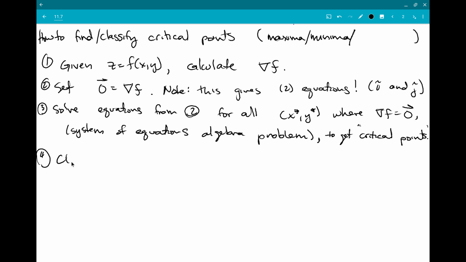And then after that, you're going to classify. You're going to compute the discriminant D equal to f sub xx times f sub yy minus f sub xy squared.